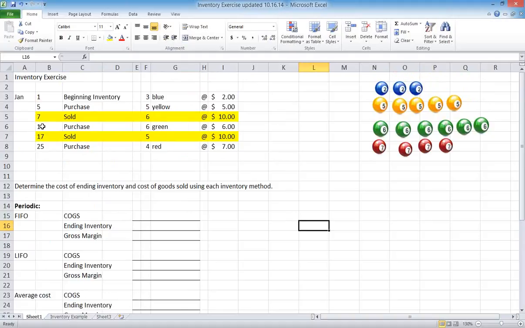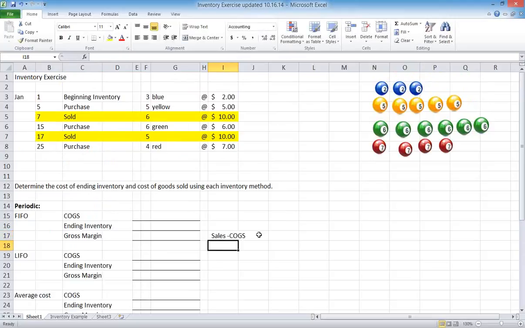It's during the period. So if I want to look at periodic FIFO, I'm going to determine COGS, which is cost of goods sold, the cost of my ending inventory, and my gross margin. Now remember that gross margin is sales minus cost of goods sold.